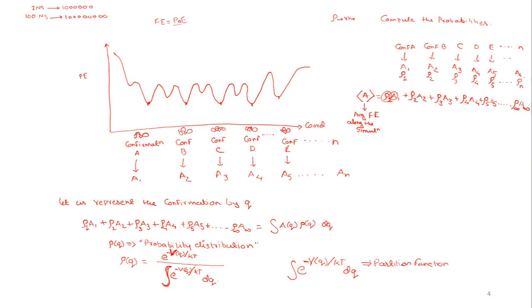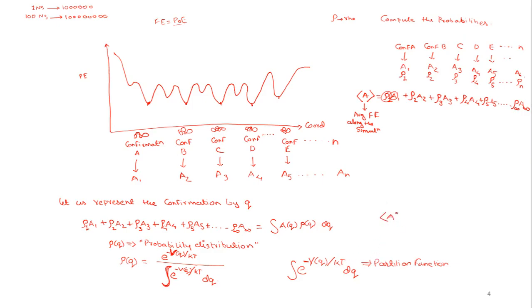So in short, if we want to compute an average value of free energy or the property of interest in a trajectory, which is denoted by this A, we need to know this probability.